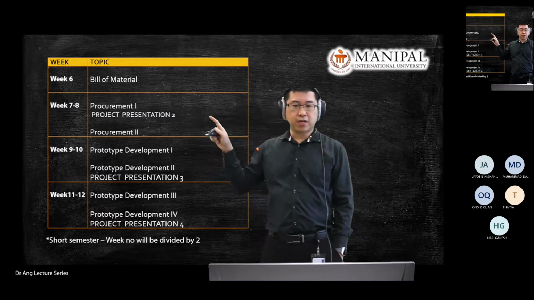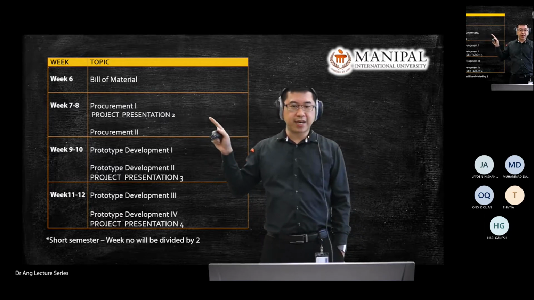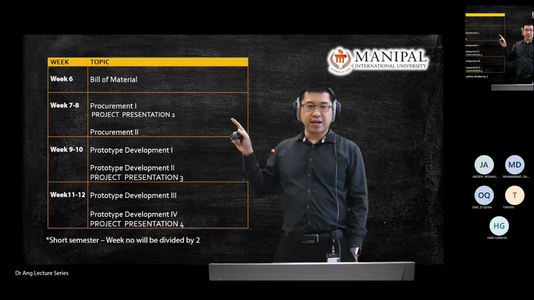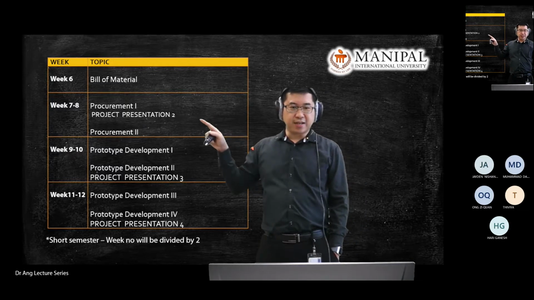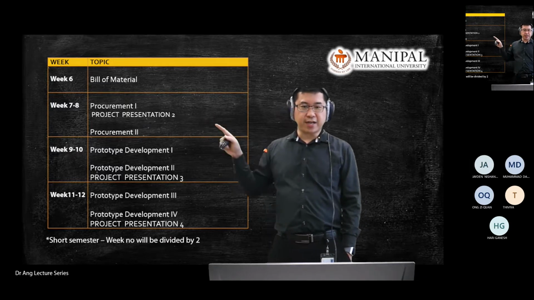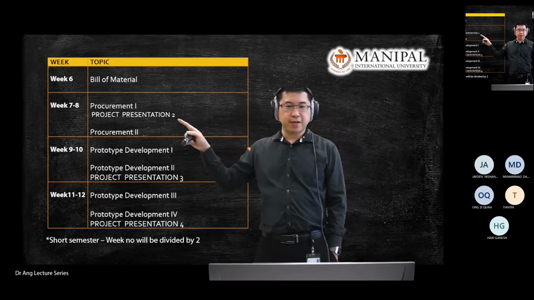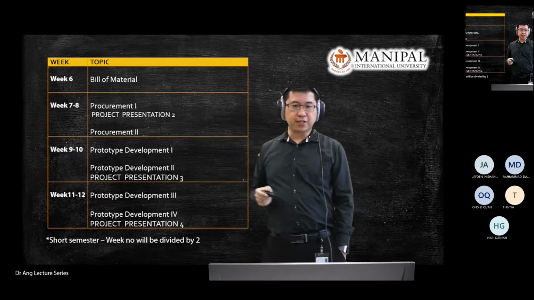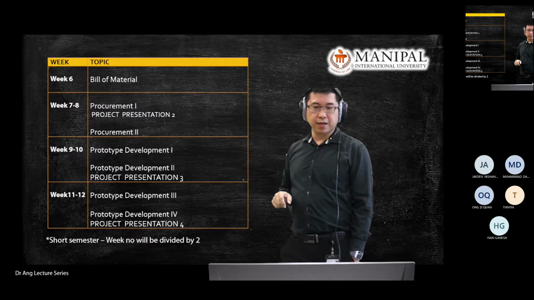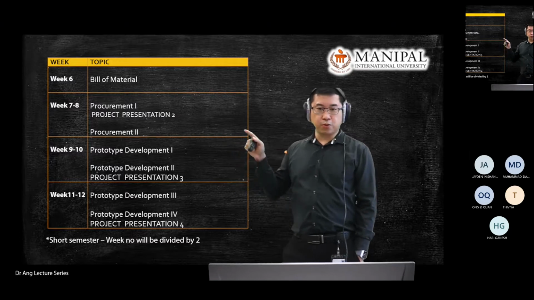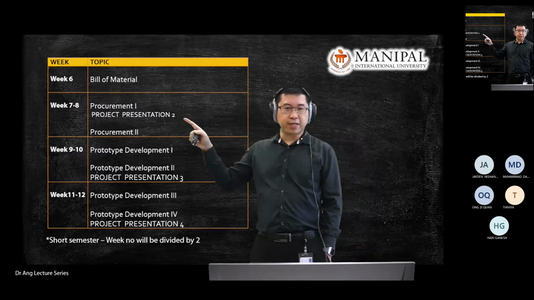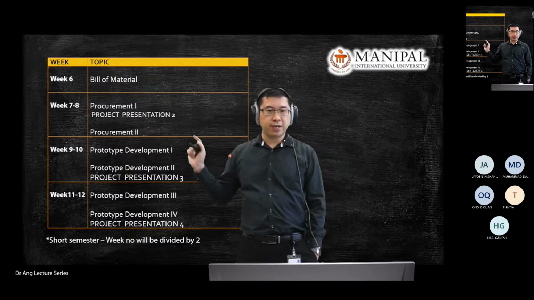So make sure you understand how busy you will be, and arrange your time for the project presentation. Luckily, this module does not have tests. You only have presentations, so make sure you prepare well.